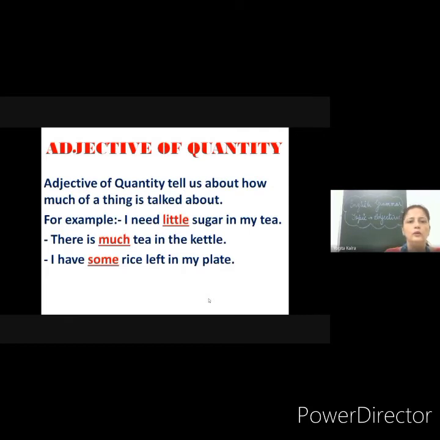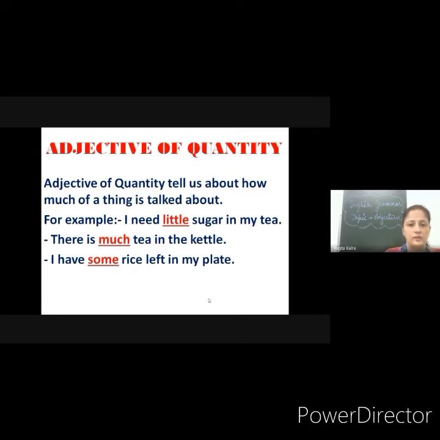Next we move on to the adjective of quantity. Adjectives of quantity tell us how much of a thing is talked about. And here you also have to keep in mind that an adjective of quantity is always used with uncountable nouns. That means nouns which cannot be counted.